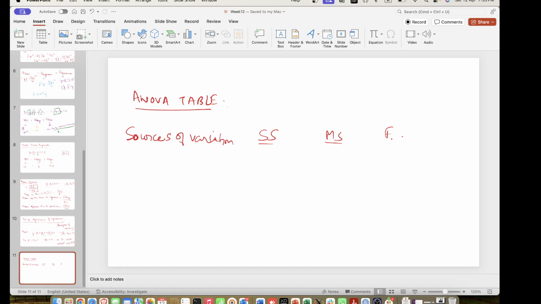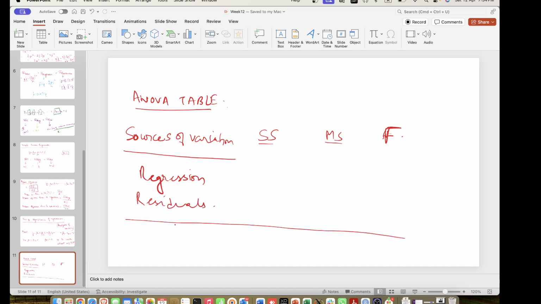Okay, so let me just explain what each of these are. So in sources of variation, we have just two sources, because I'm dividing it into two orthogonal components. So source 1 is regression, source 2 is residuals, and here I have the total.